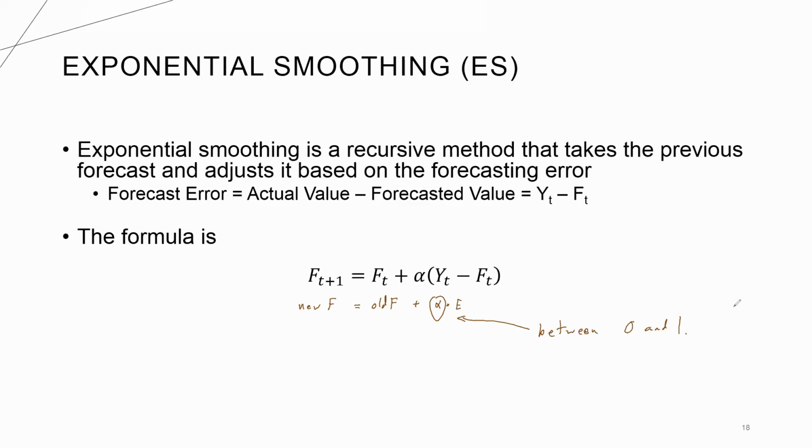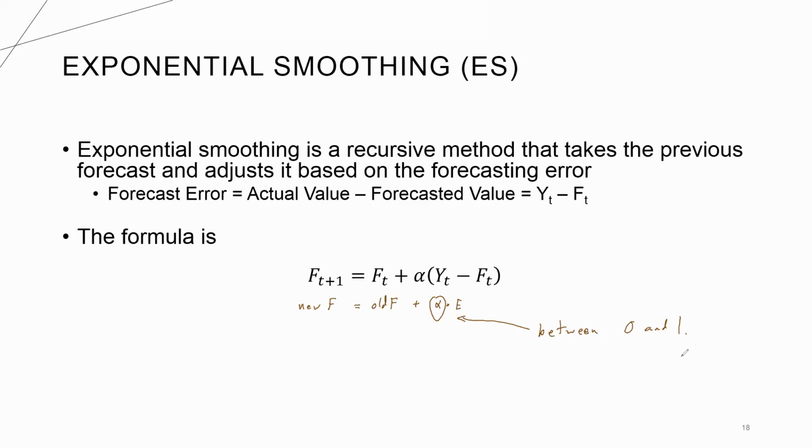So what alpha is doing is it's a way to decide how smooth we want it. 0 is completely smooth with no reactivity, not reactive to the data at all. 1 is no smoothing, 100% reactivity, reacting 100% to every jump the data makes. So what we do then is we set alpha somewhere in between.